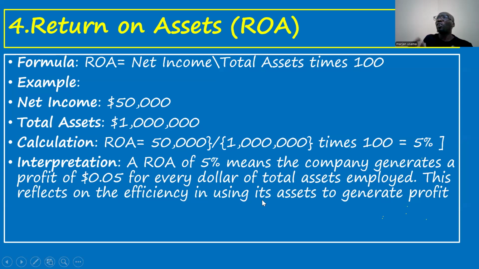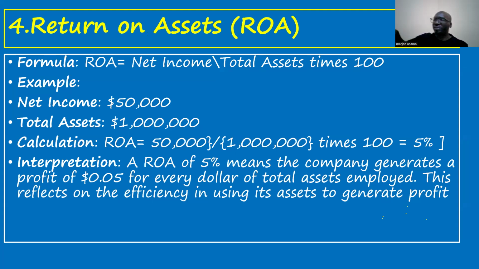So the return on asset basically helps us to know how effectively we are using our assets to generate income. Because sometimes as a business, you have a lot of assets and these assets are not generating income. For example, you might have three empty rooms that you are not using.